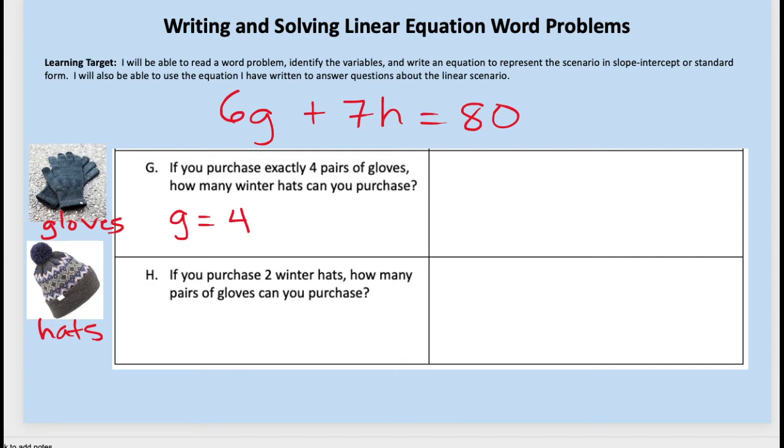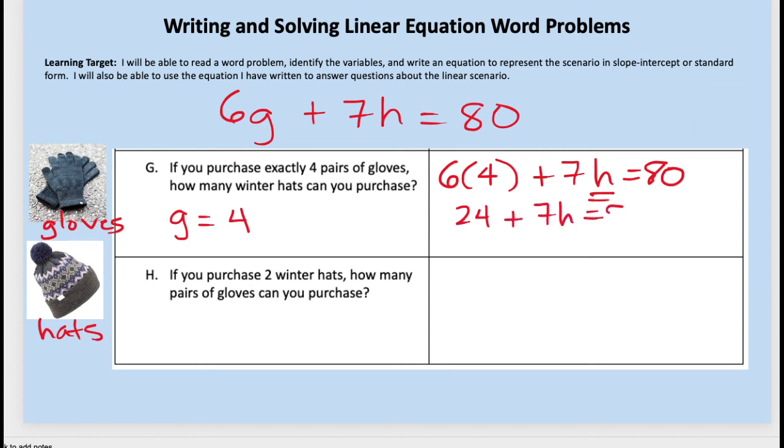I'm going to substitute a 4 into the equation in place of G. So 6 times 4 plus 7H equals 80. I'm trying to determine the number of hats, which is H, so I need to solve this equation and isolate the H. 6 times 4 is 24, plus 7H equals 80.